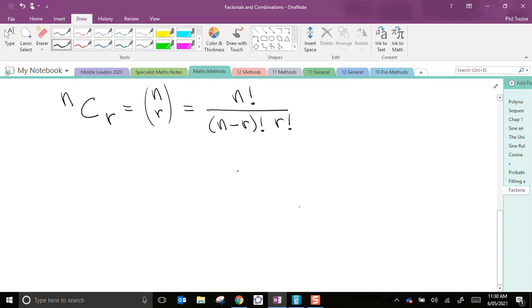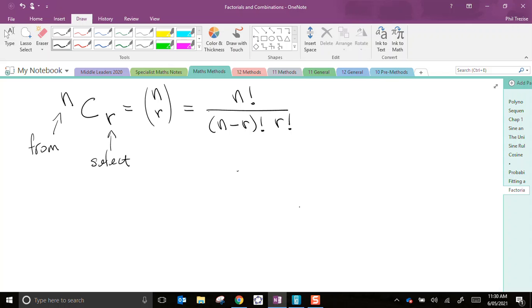Lovely. But what does it all mean? Well, what it means is we are selecting r objects from a group containing n objects, and we're looking at how many different ways we could select.